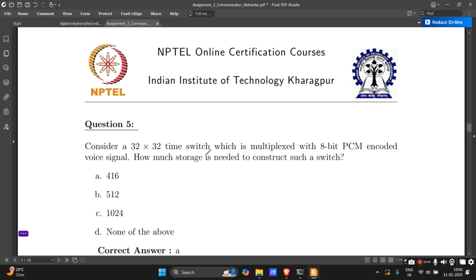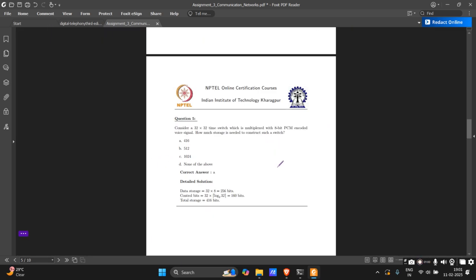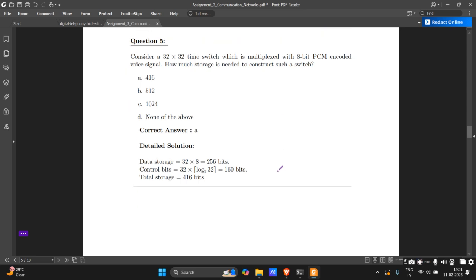Now consider a 32 cross 32 time switch which is multiplexed with 8-bit PCM encoded voice signal. How much storage is needed to construct such a switch? So you are sending a normal 8-bit PCM signal, and there is a TDM switch. So let's do it here.